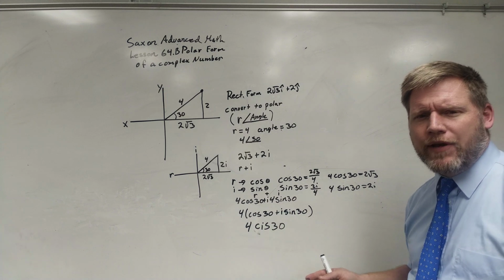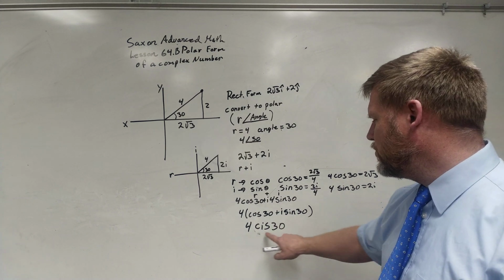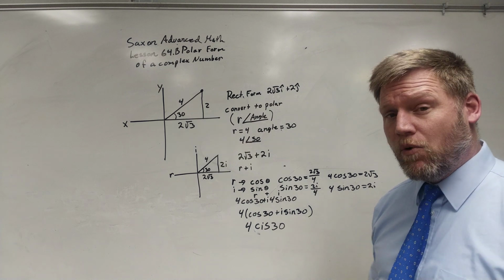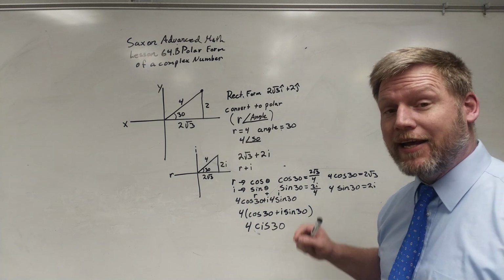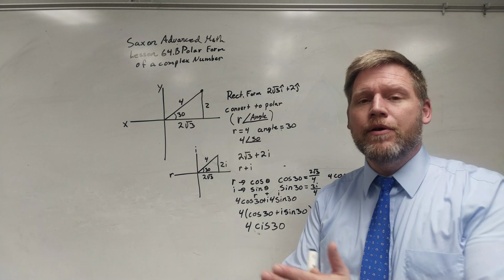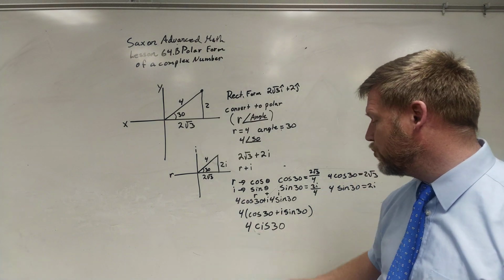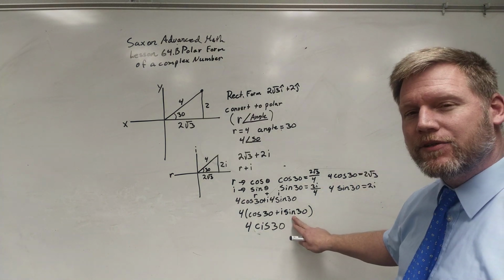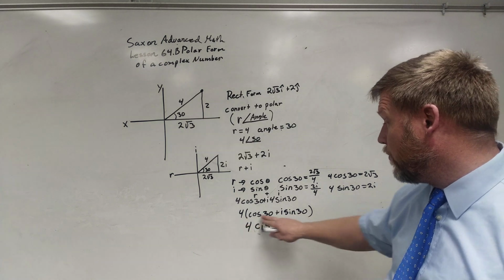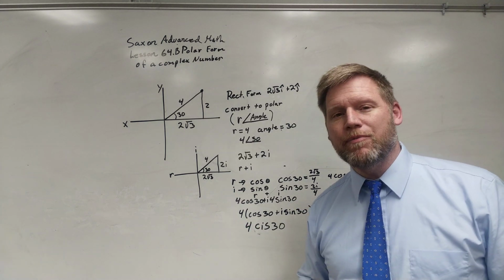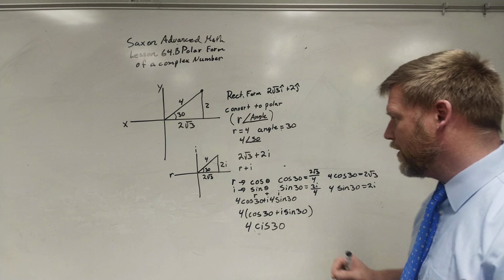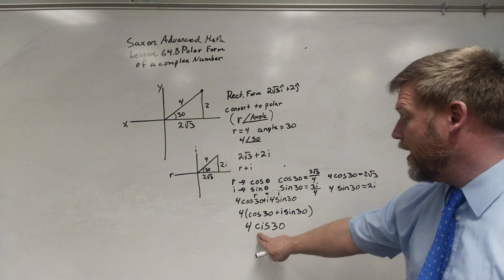It's just a matter of an abbreviation. And we realize 4 CIS 30 is 4 cosine plus i sine of 30. And I can break that down as shorthand by going right back to this every single time. And then I could multiply that 4 in and get back to my original formulation of it just as well, and it works out every time. So that's what CIS stands for.